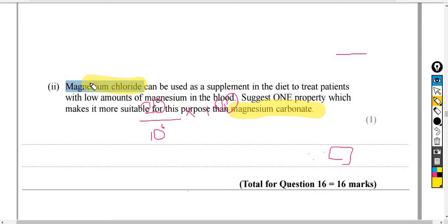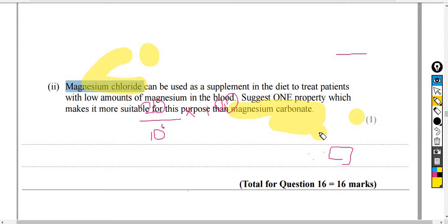This is really easy. Magnesium chloride is more soluble, because it is a salt that dissolves in aqueous form, while magnesium carbonate is mostly not soluble. Or, your stomach is acidic, right? If an acid reacts with carbonate, that will give you a gas, which is carbon dioxide.